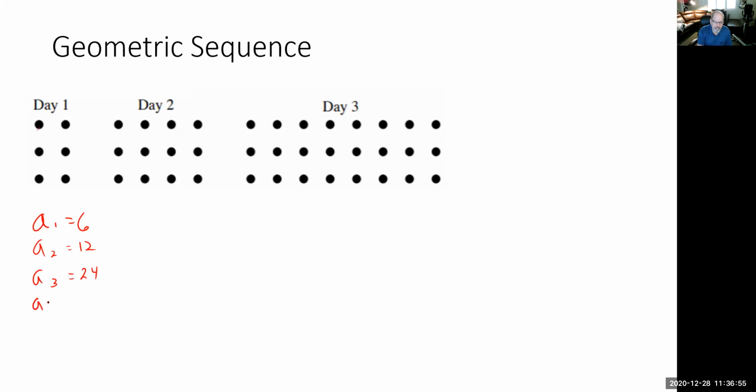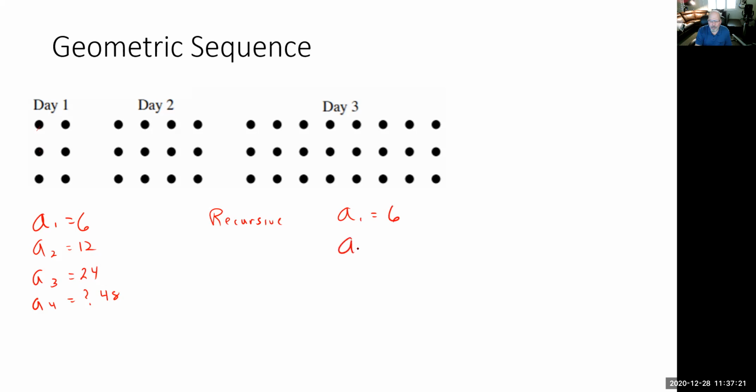Can anybody guess how many would be in the fourth one? That's correct. 2 times 24, 48. So our recursive for the geometric is simply going to be a sub 1 equals 6.